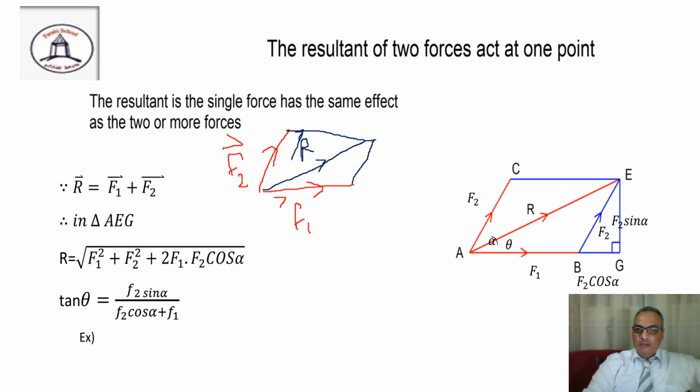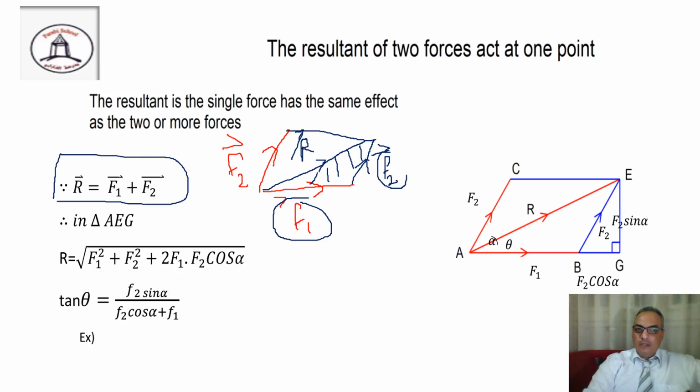F1 is in this direction. F2 is parallel to the other, from the properties of parallelogram. So you can write F2 here. In this triangle, F1, F2 cyclic, and R opposite. So from the second one, R vector equals F1 plus F2.